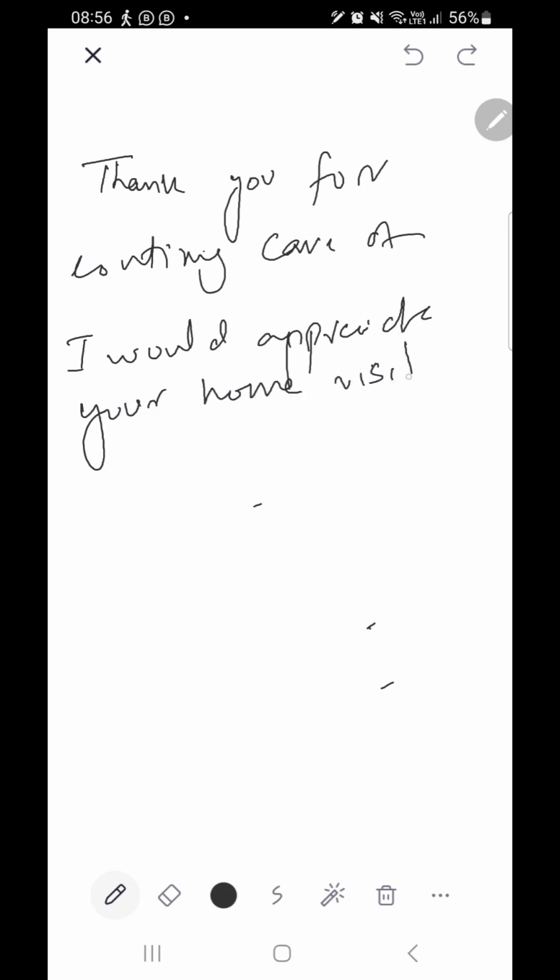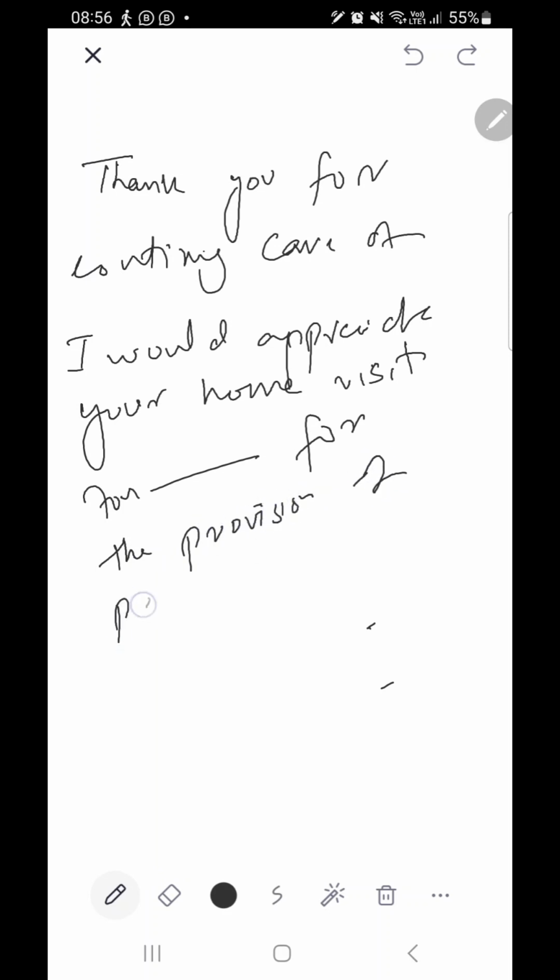If you are referring to someone who has to pay a home visit for Mr. or Ms. XYZ for, let's say, the provision of palliative care. So again, you can see that this should be in the present tense. Is it clear to you?